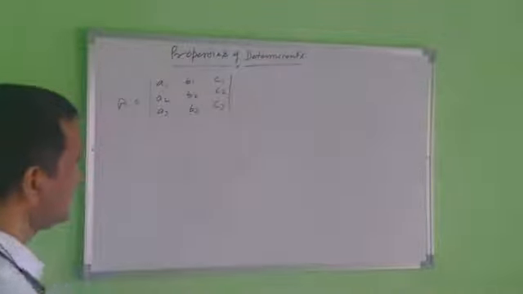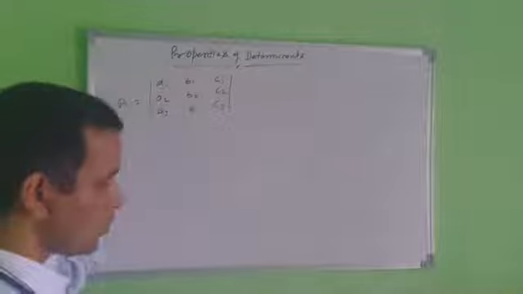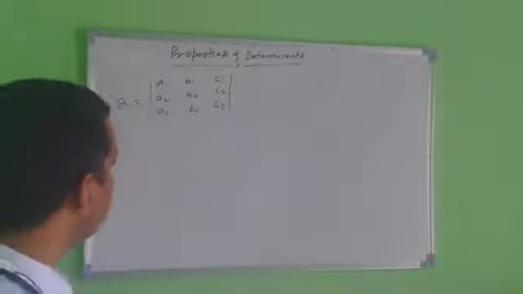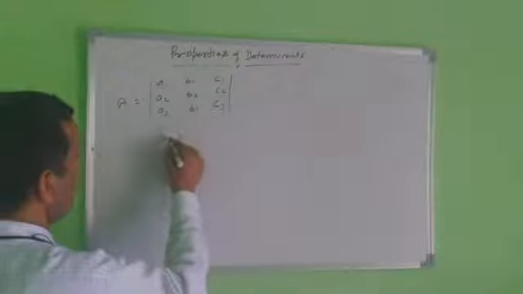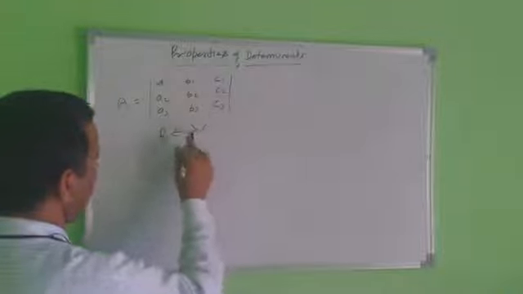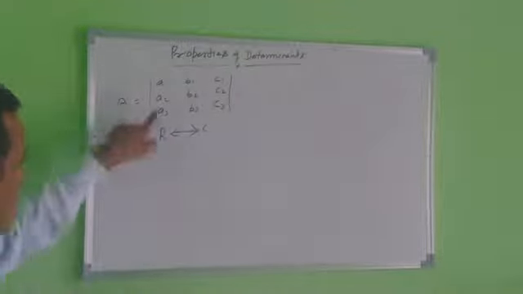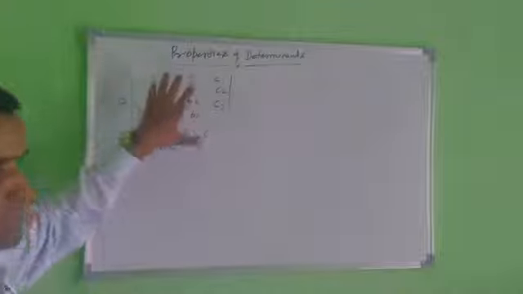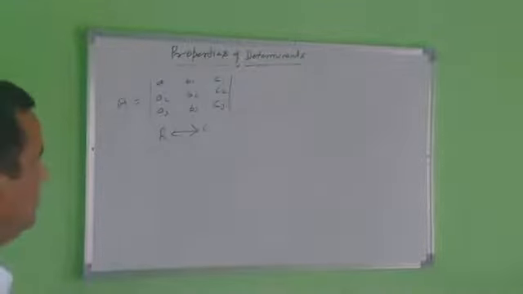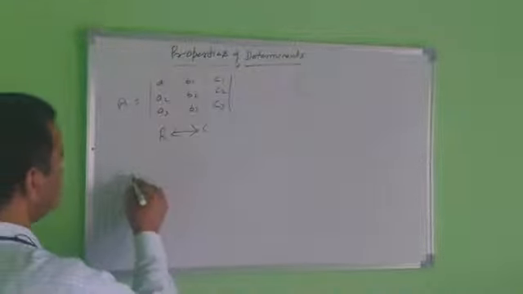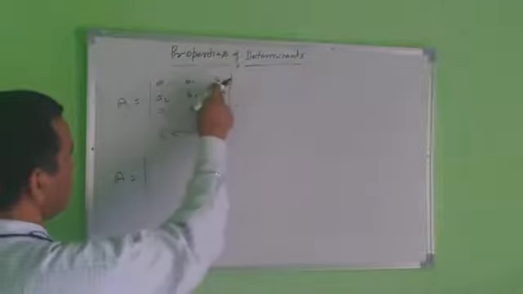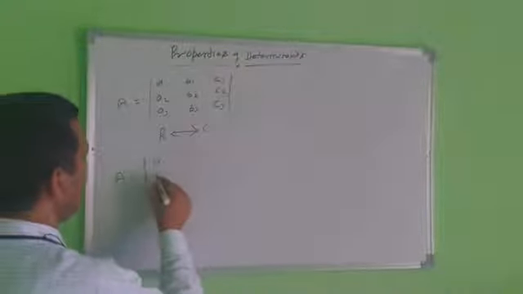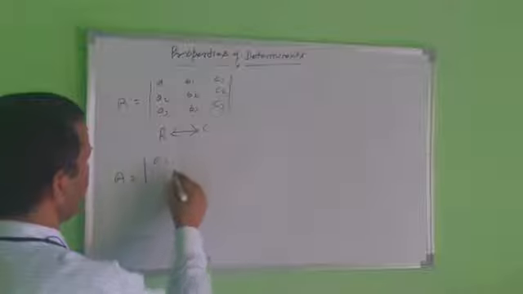Suppose you interchange rows and columns. Every row and every column will be changed. When you interchange rows to columns, the value of the determinant remains unchanged. The first row converts to the first column: A1, B1, C1.